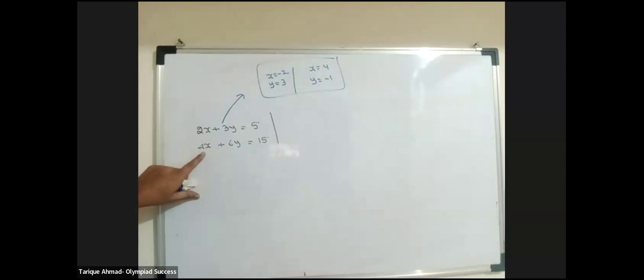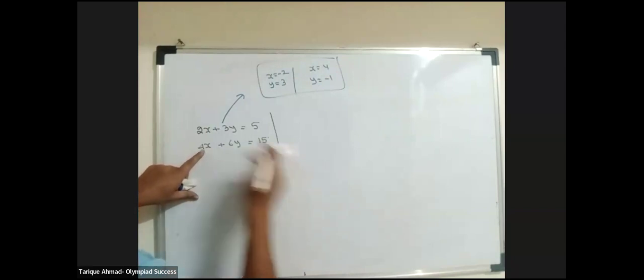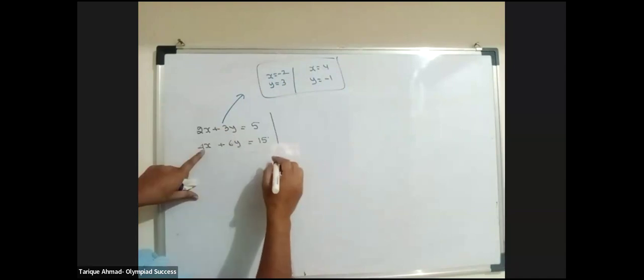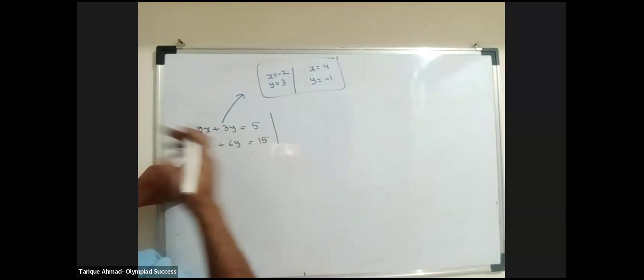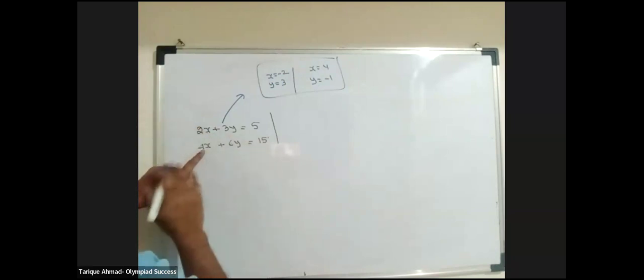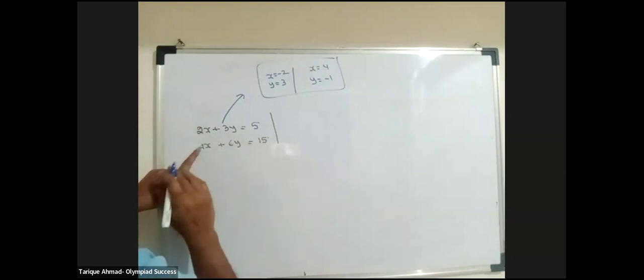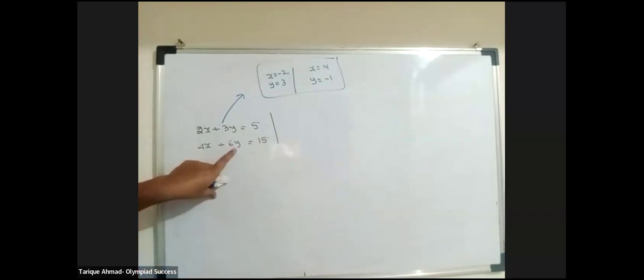Similarly for the other one, I'm taking x as 6, 12, 18, 24, 30, 36.